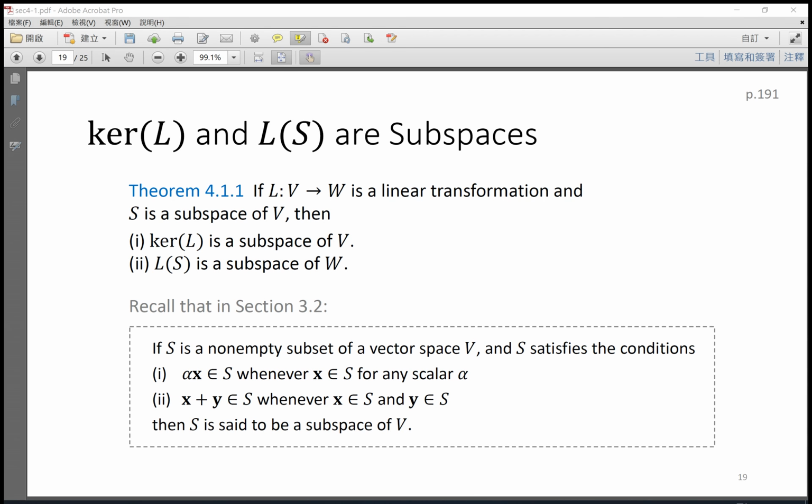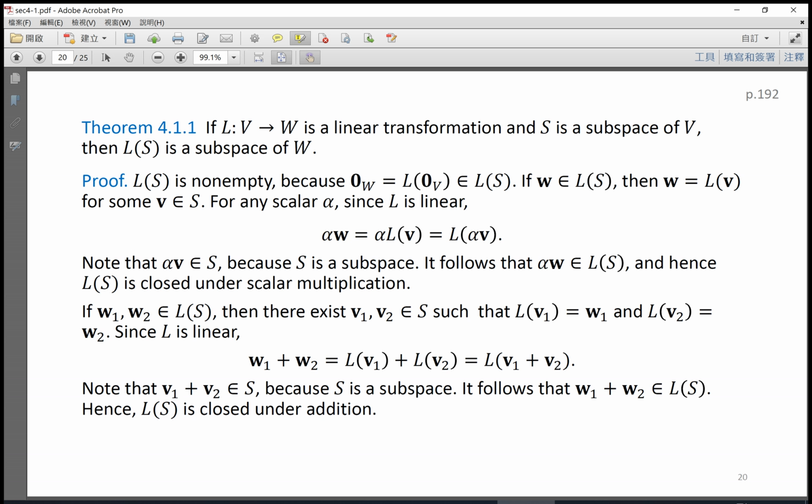In the next slide, we will prove statement 2. Statement 1 can be proved in a similar way, and is left to you as an exercise. If L is a linear transformation and S is a subspace of V, then L of S is a subspace of W. To prove this, we need to show three things.